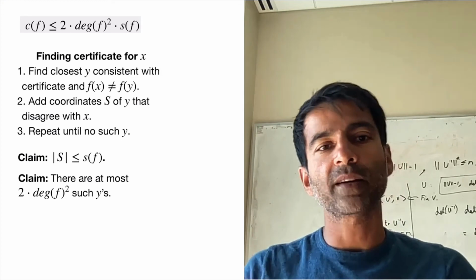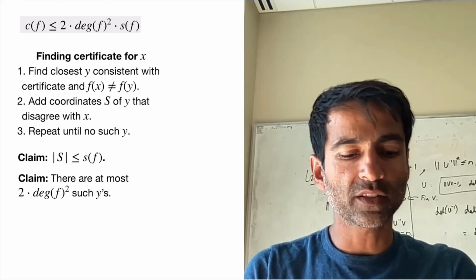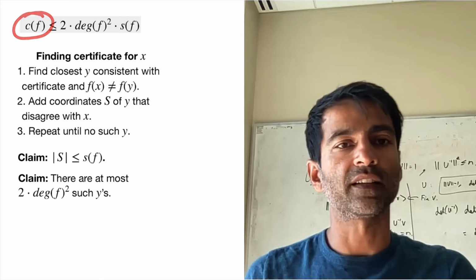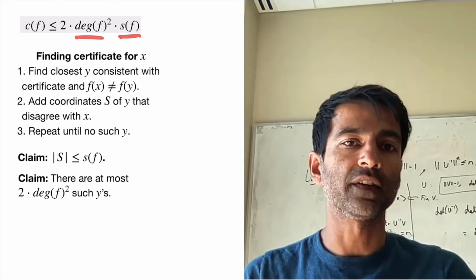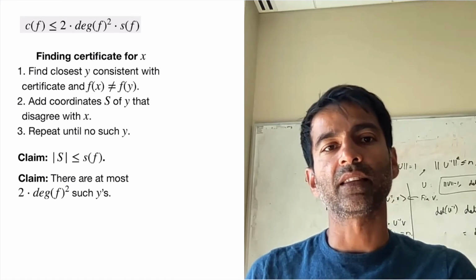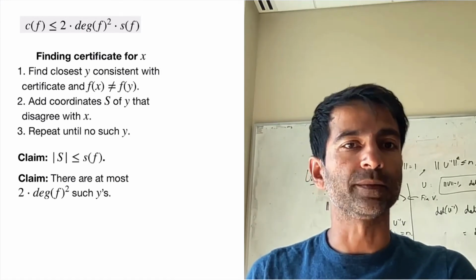So let me describe how to prove it. We want to show that there's a small certificate for f as long as the degree of f is small and the sensitivity of f is small. And the way we'll do that is via an algorithm.